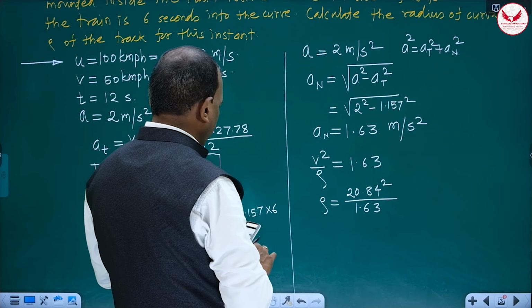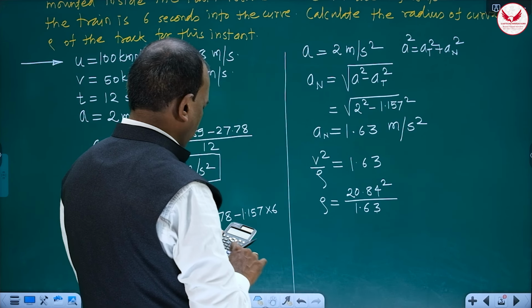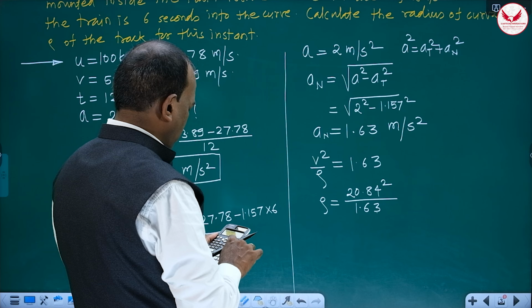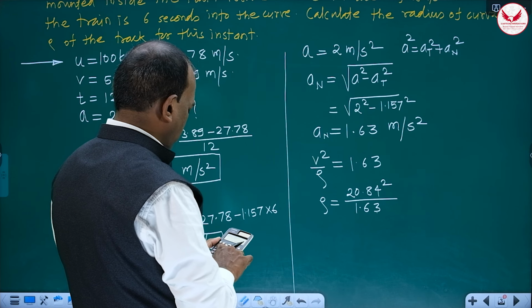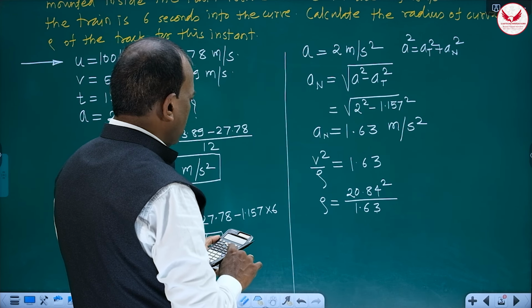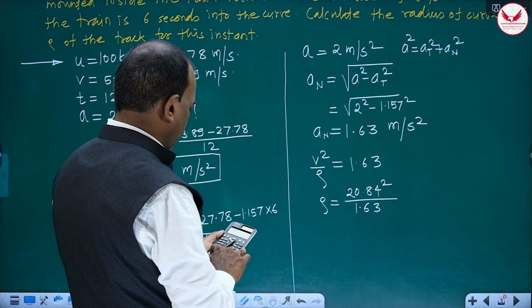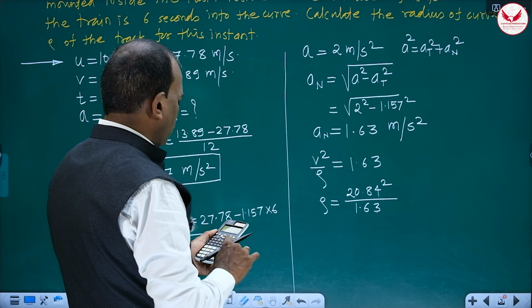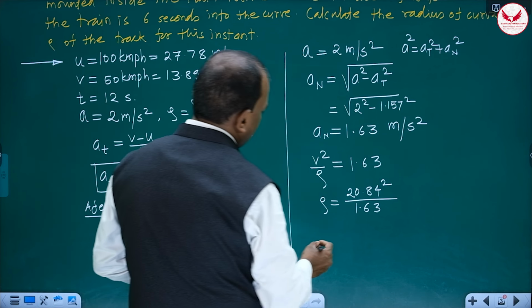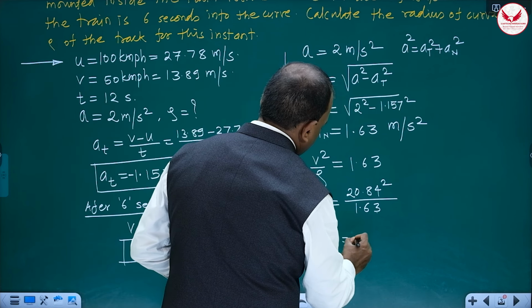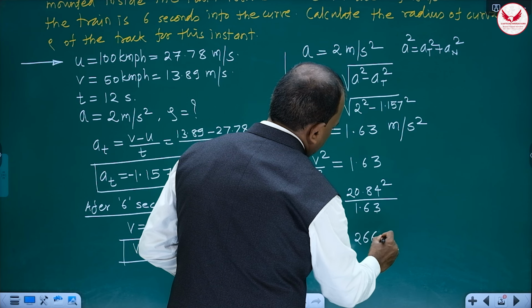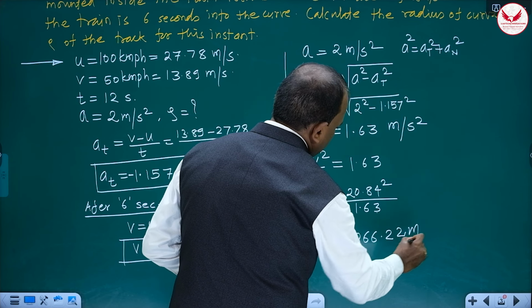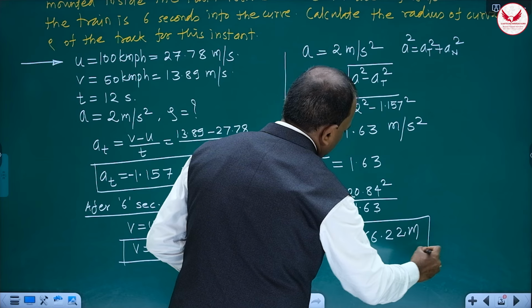So it is going to be 266.22 meters. This is the radius of curvature.